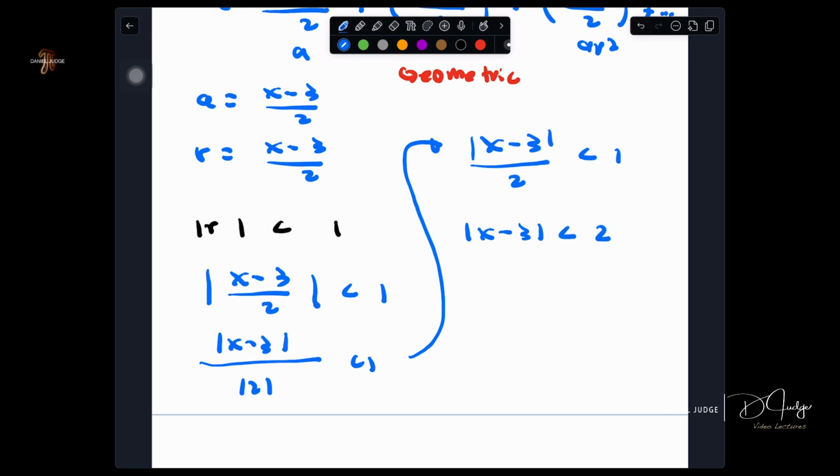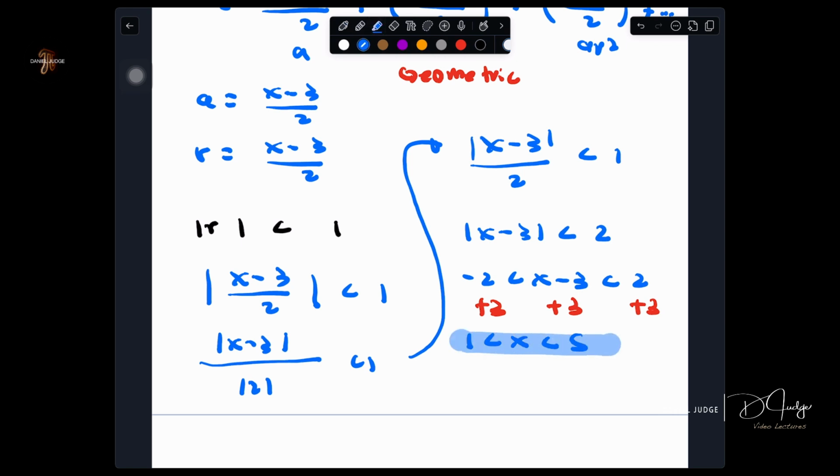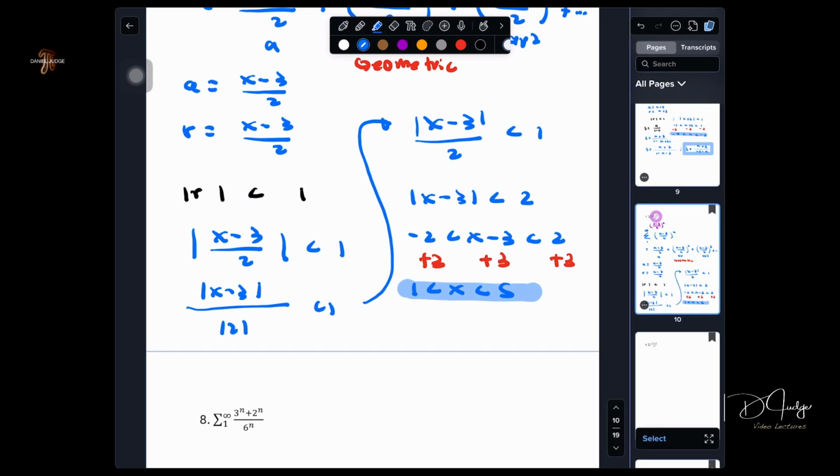An absolute value inequality, by definition, negative 2 less than x minus 3 less than positive 2. So we can add 3 to both sides, and in fact, it's the left, middle, and the right. You'll get convergence for values of x that are between 1 and 5. You're going to get convergence here.